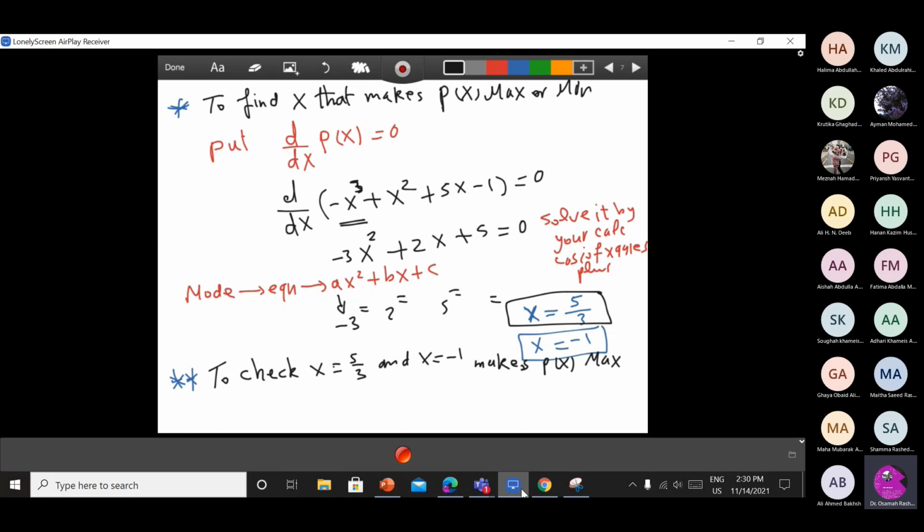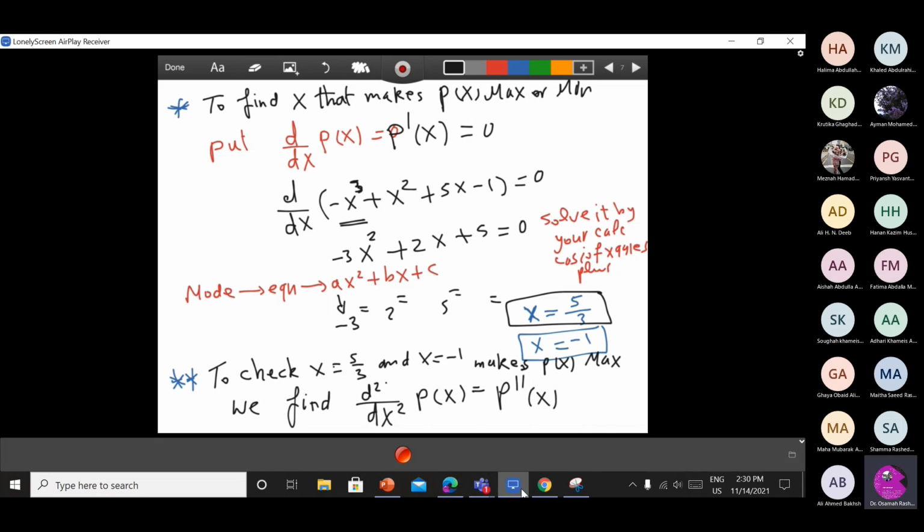We have to do what? We find the second derivative of P of x. If you don't like to write this one, just P double dash of x. Okay, and here also you can write it as P dash of x equal to 0, if it is easy for you to write it down.